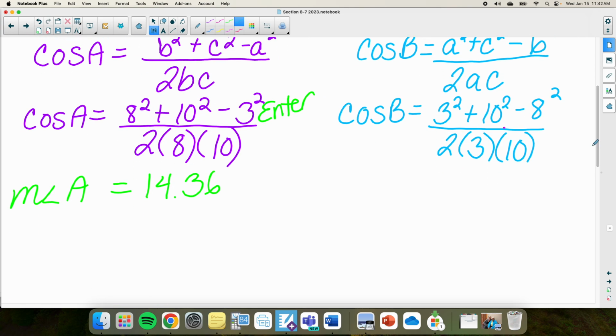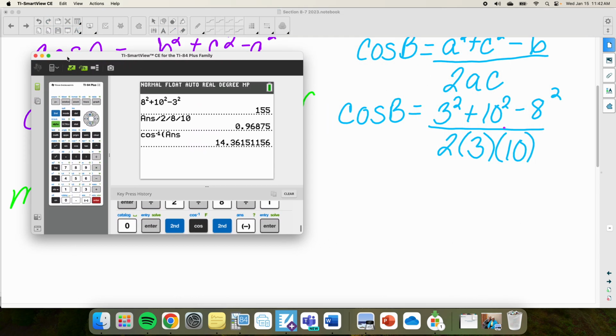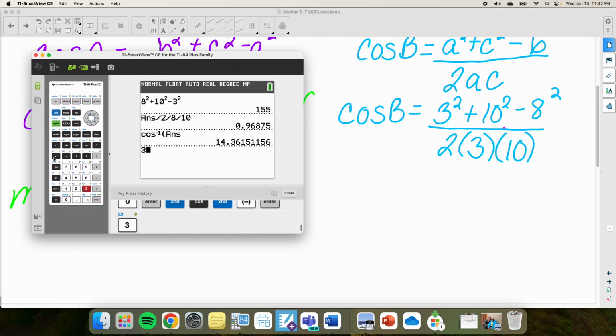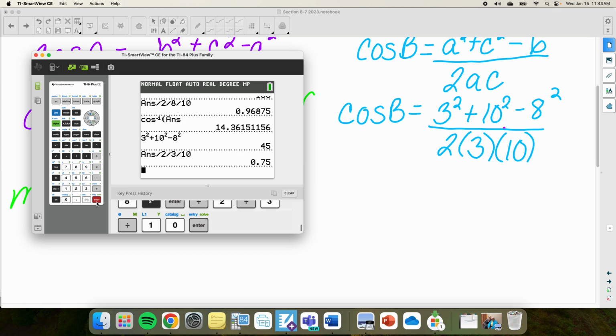Okay, now when I go to type this one in, same thing, I have to hit enter after the top and divide by all three things on the bottom. So 3 squared plus 10 squared minus 8 squared, enter, divide by 2, divide by 3, divide by 10 equals, and you should get a decimal less than 1.